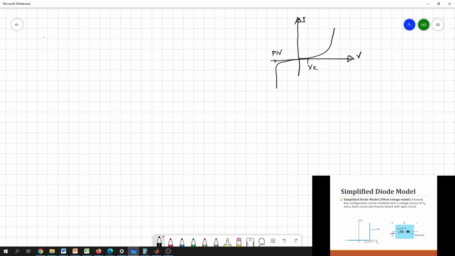Initially we start with this kind of a characteristic and come up with the ideal model. Then we take this again. Here we simply ignored the effect of the knee voltage, but now we can take the effect of Vk as well.